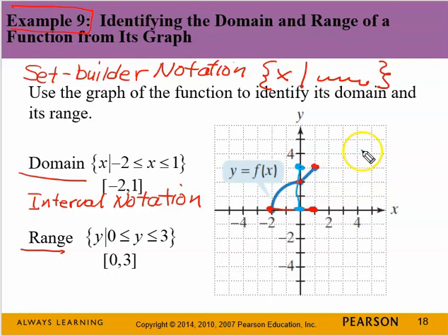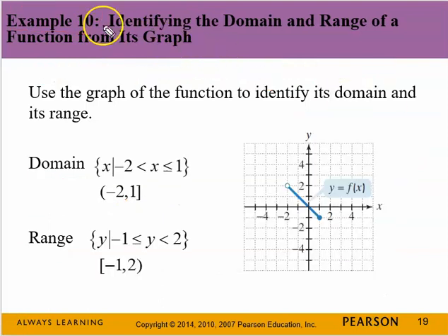So in interval notation, that would start at 0. Again, we're reflecting this blue line to the y-axis, so that would be 0, 3. And that's what they're showing here. So again, useful information as you do your homework and build your vocabulary for function notation.